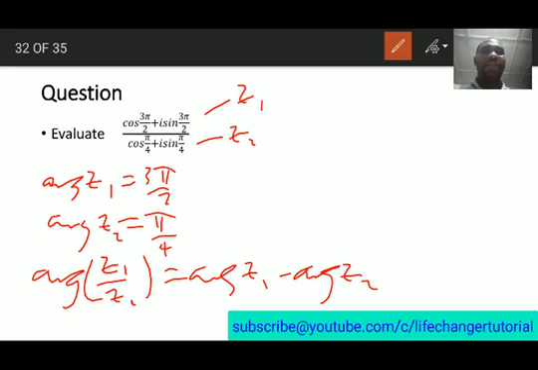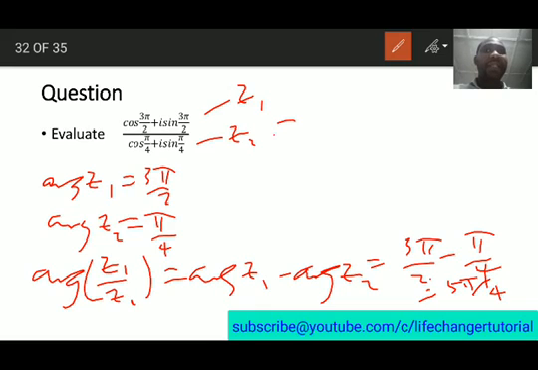So it's going to be equal to 3 pi over 2 minus pi over 4. Now if we find the LCM there, that is going to give us 5 pi over 4.